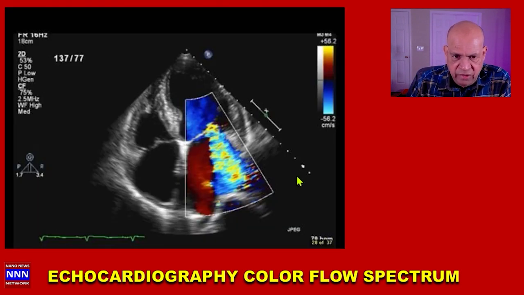So these are all very important things. Here's another example of mitral regurgitation. Again, we're just going through the same thing. As you can see, it covers almost 50% of the left atrium, along with this neck here, and chaotic blood flow in the left atrium, suggestive of moderate to severe mitral regurgitation.